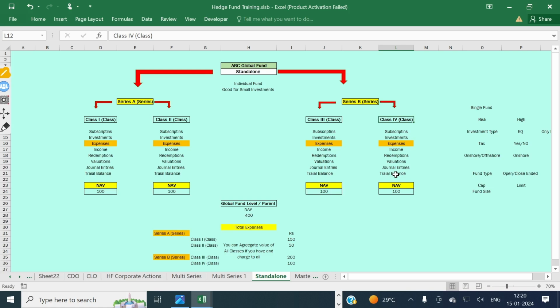Why? Because of the hurdle, because of the fees, because of other expenses, they're going to complete their accounting. Now, what if, let's assume, throughout the year your NAV was 10, meaning people who invested in the month of January did so at a price of 10.